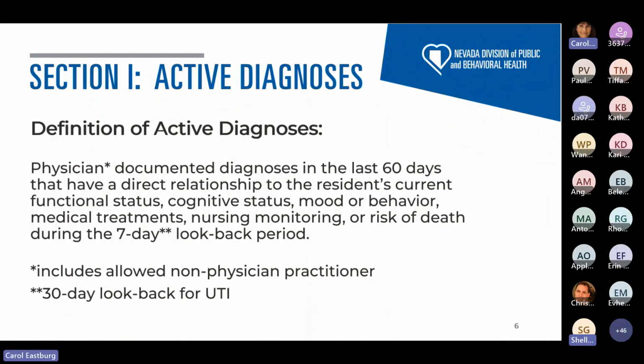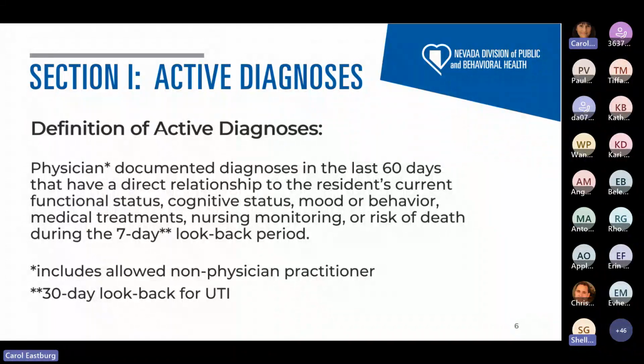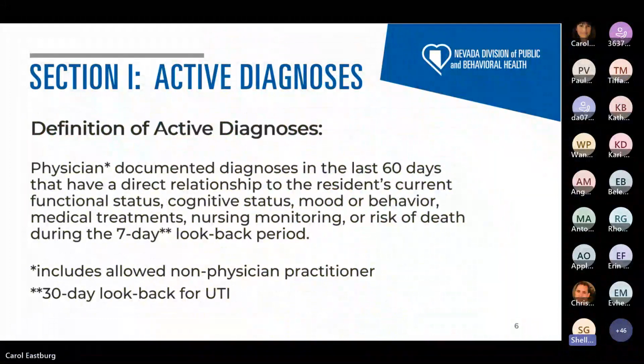B, does the diagnosis have a direct relationship to the resident's limitations in functional or cognitive status, mood and/or behavior, medical treatments administered? Do they have a need for nursing monitoring, or does their condition present an increased risk of death? And number C, did any of the above occur during the 7-day look-back period?